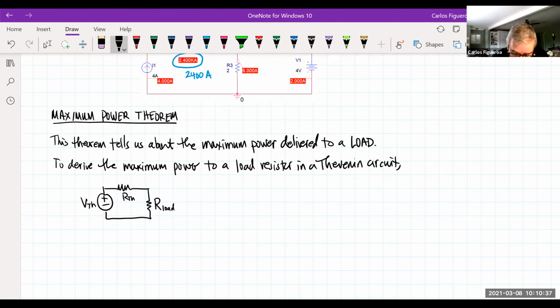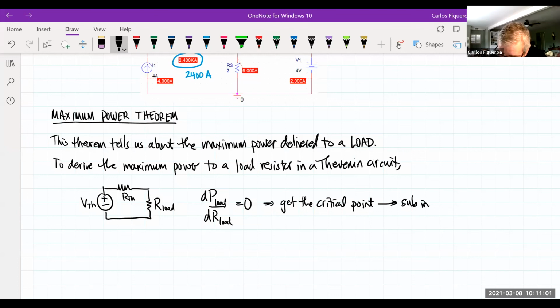So clearly, if I want maximum power, then I have to take the derivative of the power with respect to the load and set that equal to 0. Then we get the critical point, and then we sub into the power function. So let's go do that.